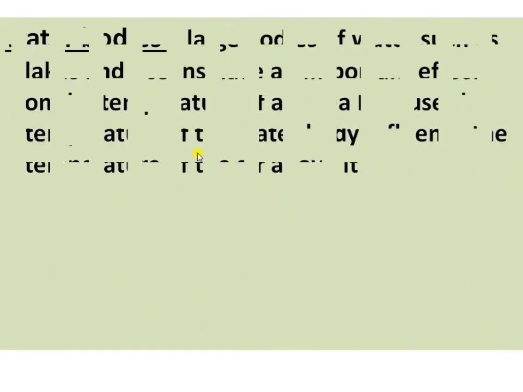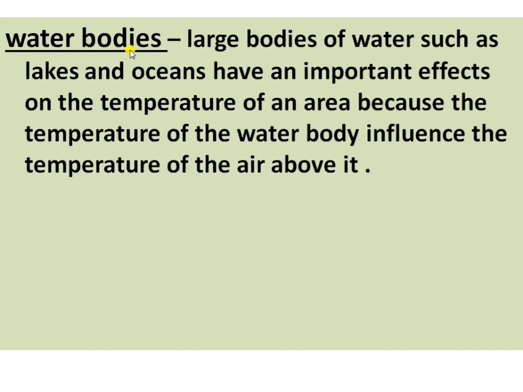So in detail, first we are going to discuss water bodies. Large bodies of water such as lakes and oceans have an important effect on the temperature of an area, because the temperature of the water body influences the temperature of the air that is present in the atmosphere.